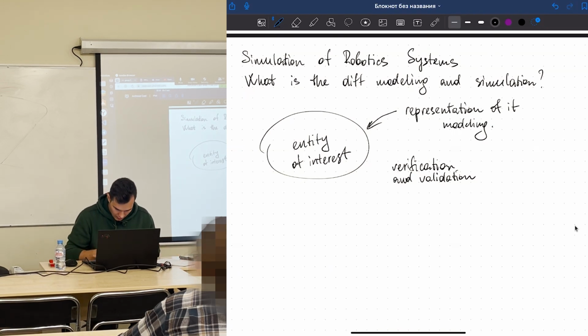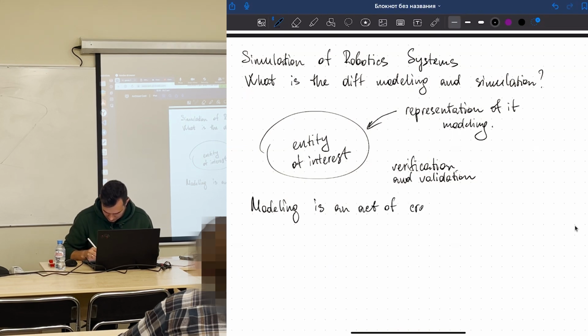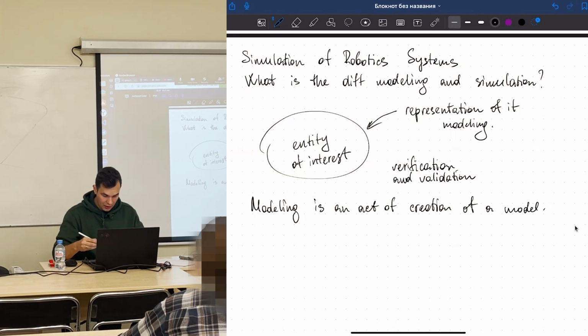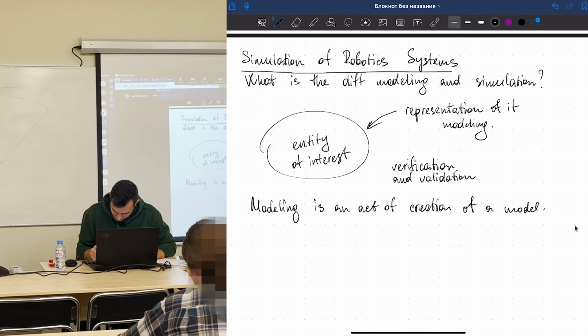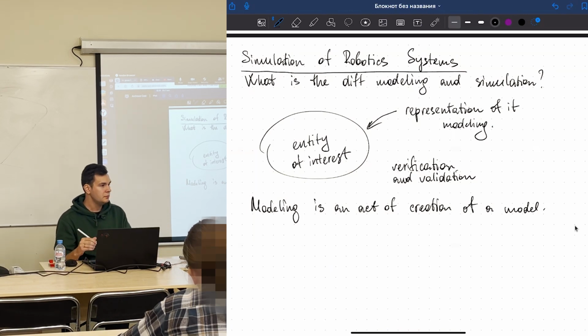Okay, so let me write down. Modeling is an act of creation of a model. Great, but our course is called simulation, right? So what is the simulation then?